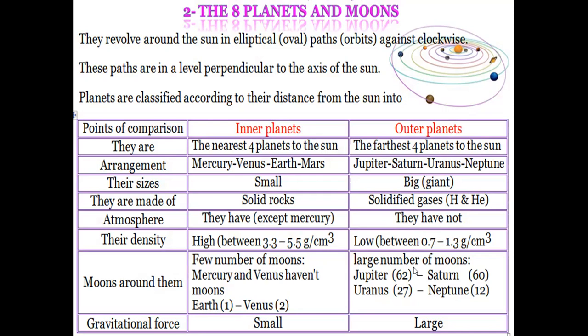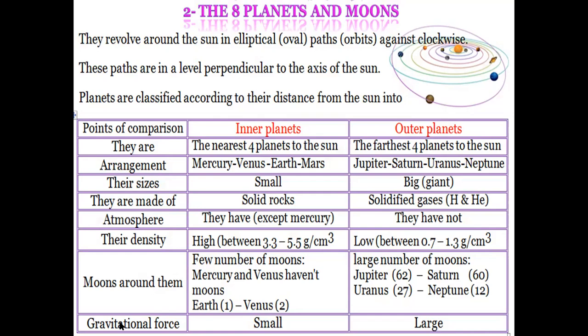Concerning the outer planets, they are surrounded by a large number of moons. Jupiter, there are 60 moons around it, 60 around Saturn, 27 around Uranus, and 12 around Neptune. Concerning the gravitational force, inner planets have small gravitational force, but the outer planets have large gravitational force.